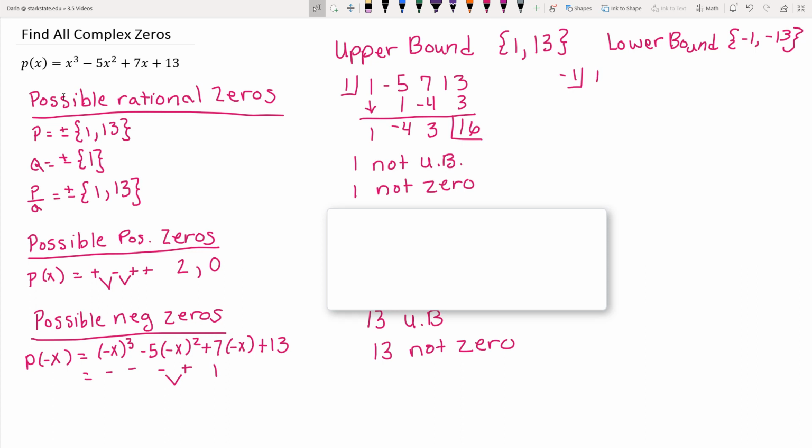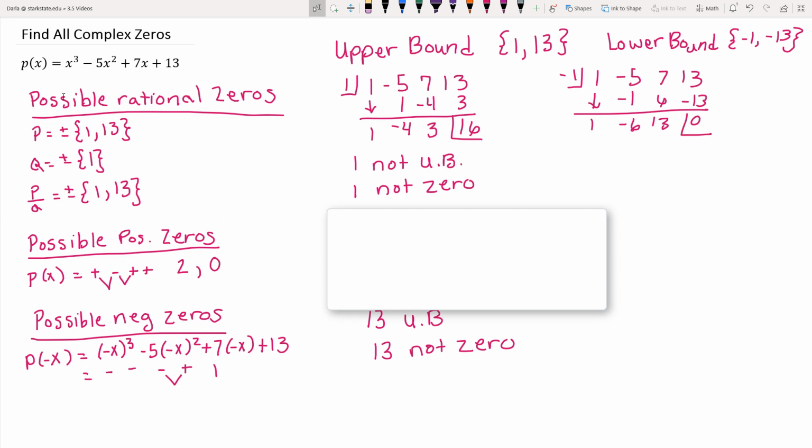And we're going to keep using our coefficients because we haven't found any zeros yet, so no depressed equation yet. And bring down that leading term, multiply, combine, multiply, combine.